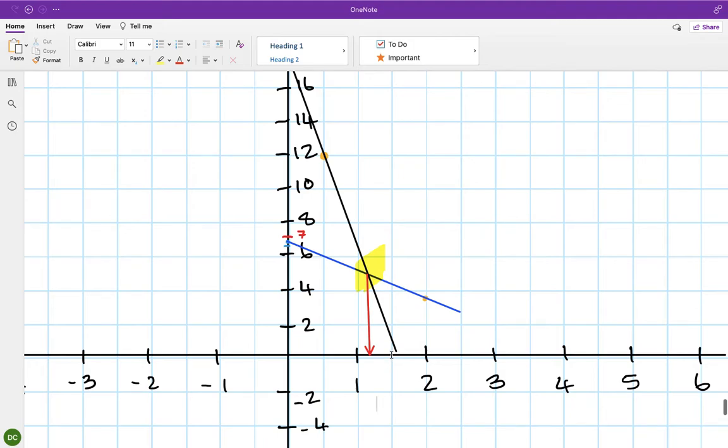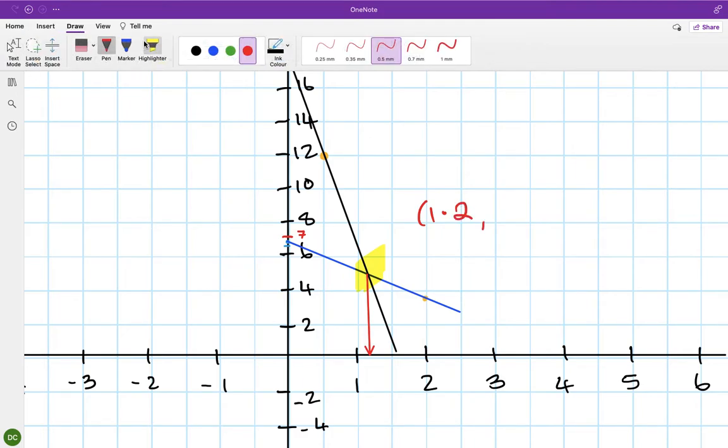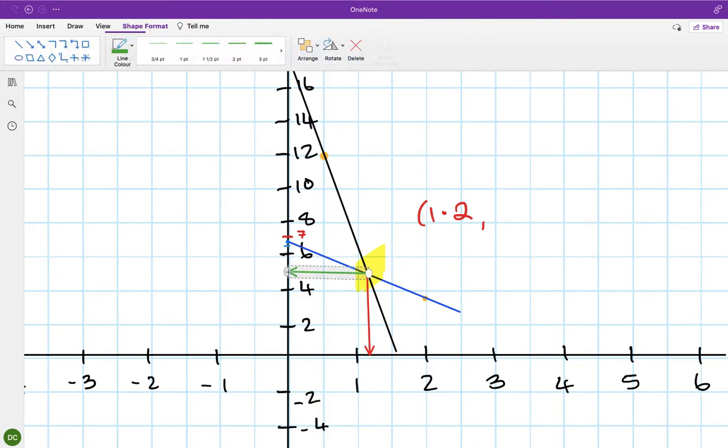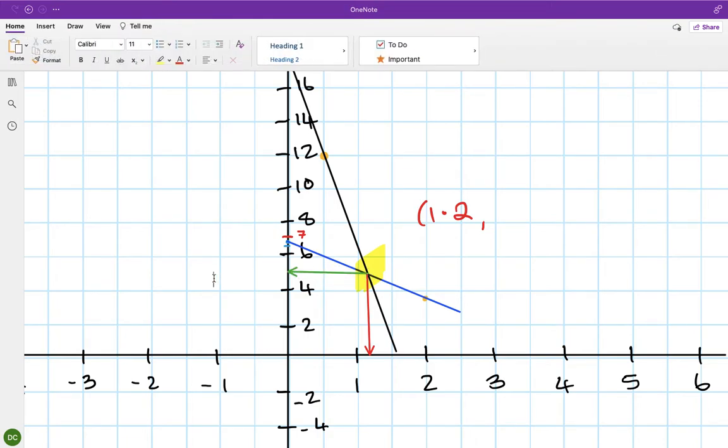So here is 1.5. That's 1.25, so would you say maybe 1.2? So I think maybe 1.2 for that one. And then we go green and insert, and then like that looks pretty close to 5, doesn't it? I'm going to say 5 for that one.